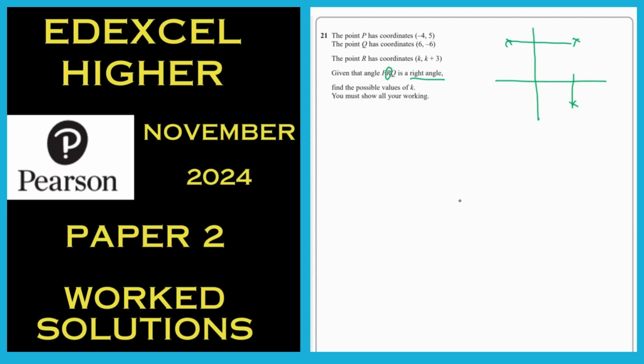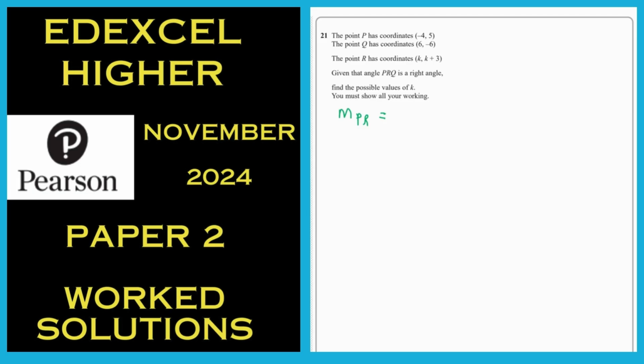Let's do that. So you could have drawn a diagram, it might have helped you picture it, but ultimately it's gradients we're looking for. Let's find them. The gradient of P to R, as you'll know, is change in Y's over change in X's. Change means difference. Difference means subtract.